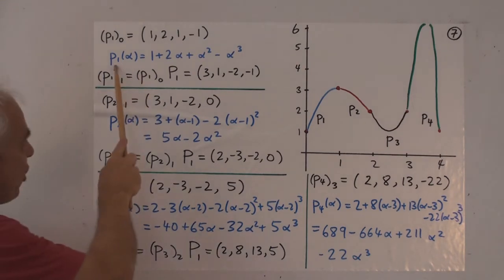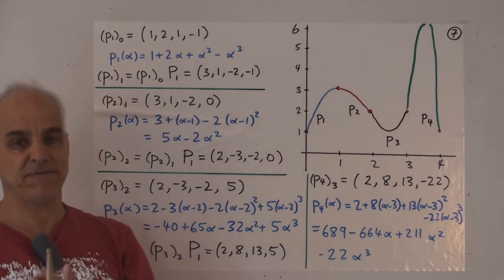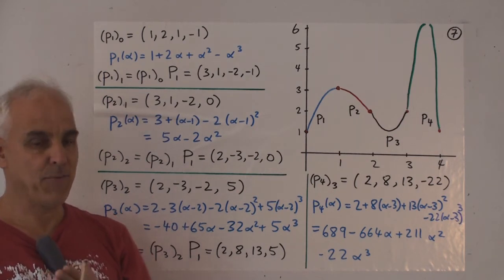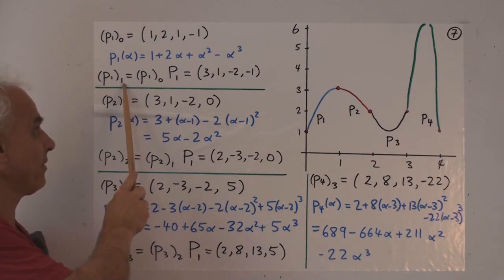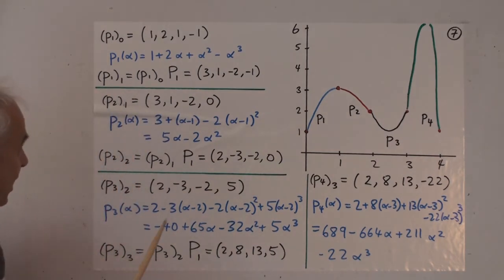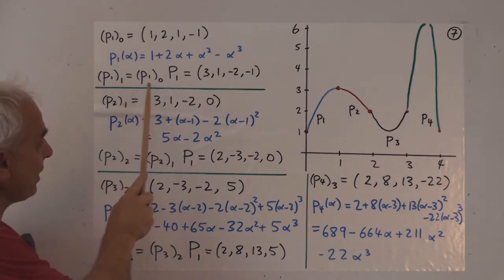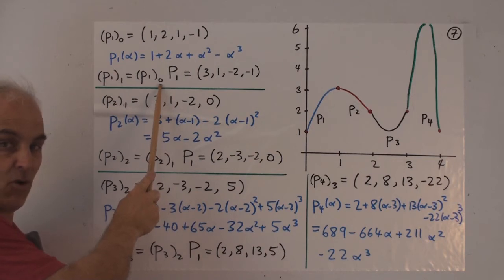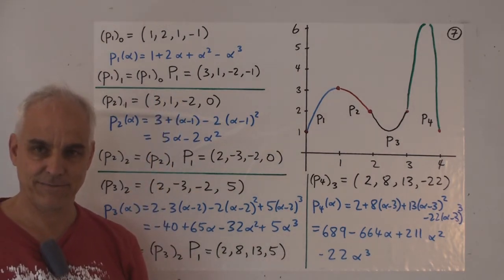Okay, so we've got the polynomial, and we've got its Taylor coefficient vector at the left endpoint. How do we get its Taylor coefficient at the right endpoint, which is 1? Well, we use our basic formula, which is that the Taylor coefficient vector at 1 is equal to the Taylor coefficient at 0 multiplied by our Pascal matrix.